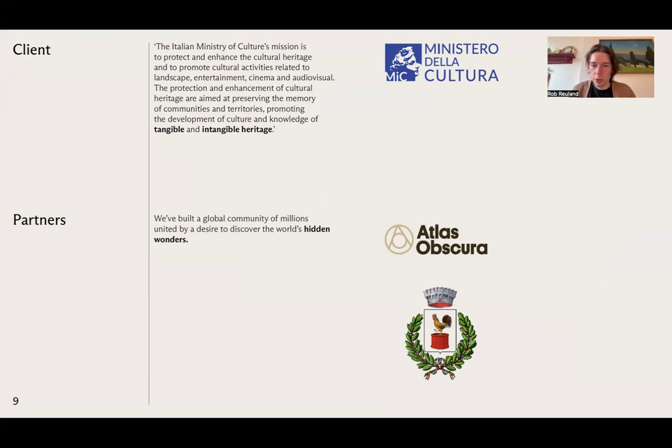And the other partners are going to be Alice Oscura, a travel community which focuses on trips and experiences that are off the beaten path, hidden wonders, and they will represent the foreign international community who are excited to experience these new spaces in a meaningful way. I also included the township, the comune, the local area's government as a key stakeholder in this process.